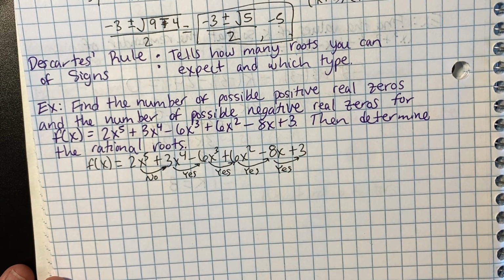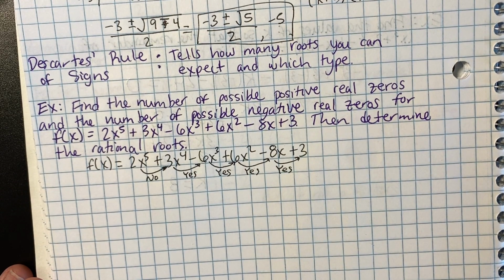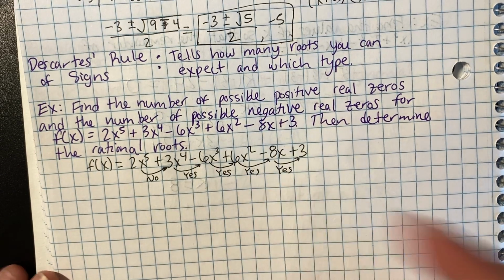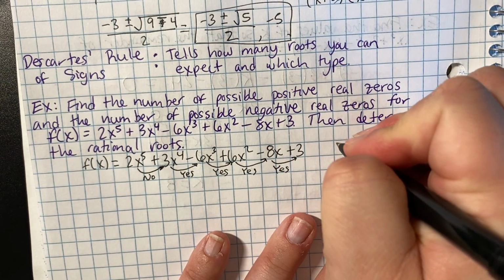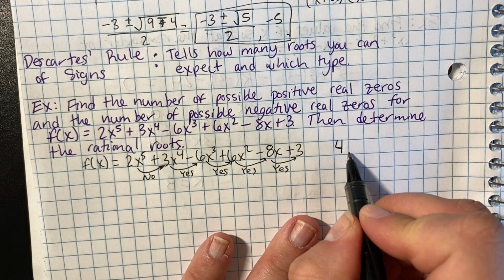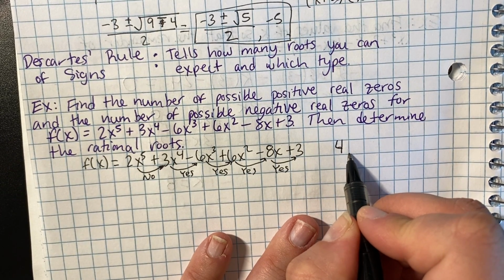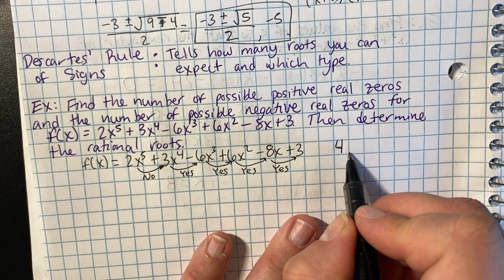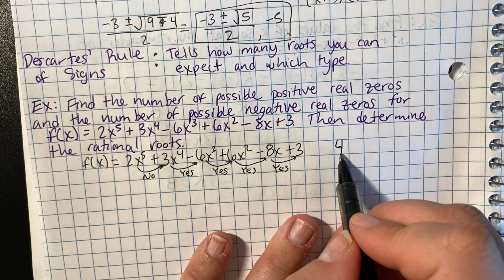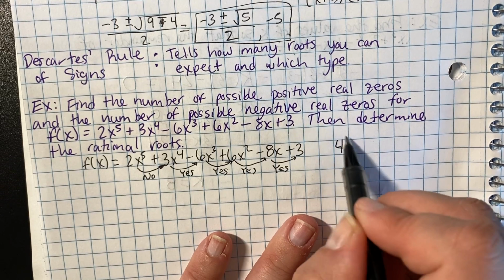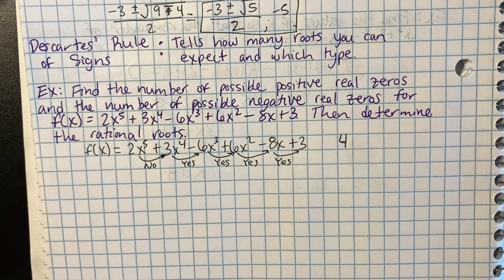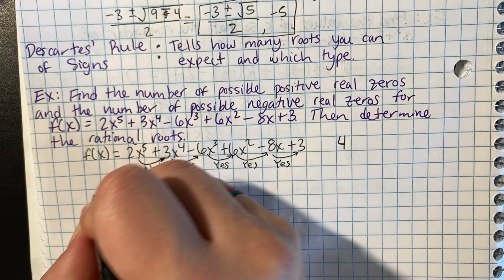Okay, so this tells us how many options of positives there are. So we have a 1, 2, 3, 4. So when we do these, they go in pairs. So we have a possibility of, actually they're not going to go in pairs. So we have a possibility of 4, okay? We'll go back to that when we do the negative.